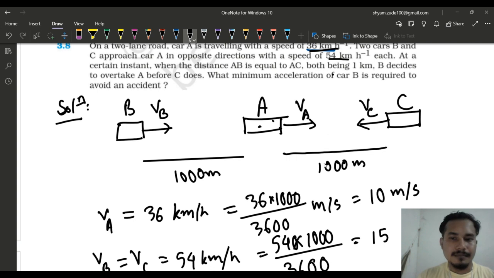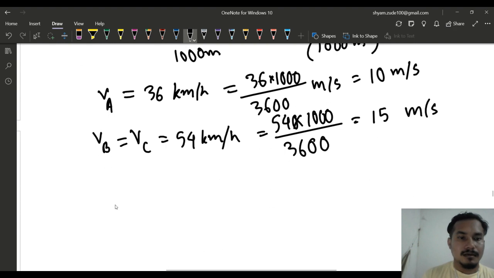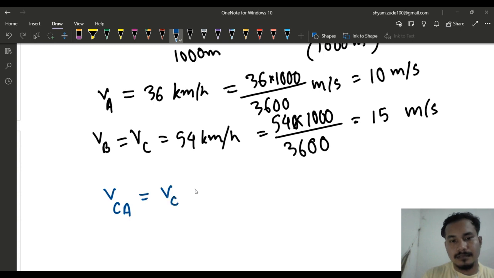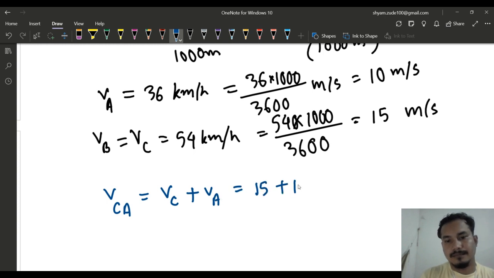Now let us see how much time C will take to reach A or overtake A. To know the time, the distance we know, and what is required is the relative velocity. The relative velocity of C with respect to A is VC plus VA, since both are opposite to each other and it gets added up. So it is 15 plus 10, equal to 25 meter per second.